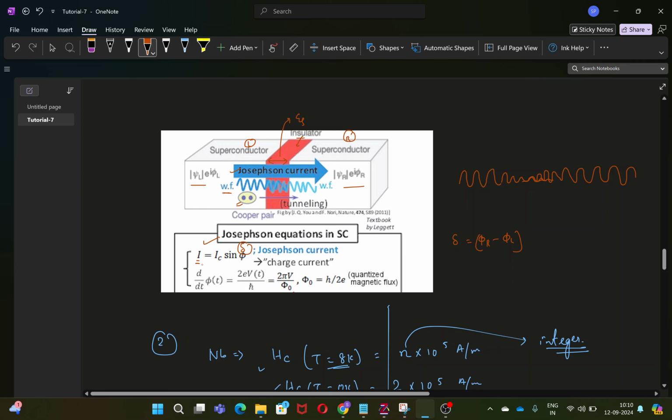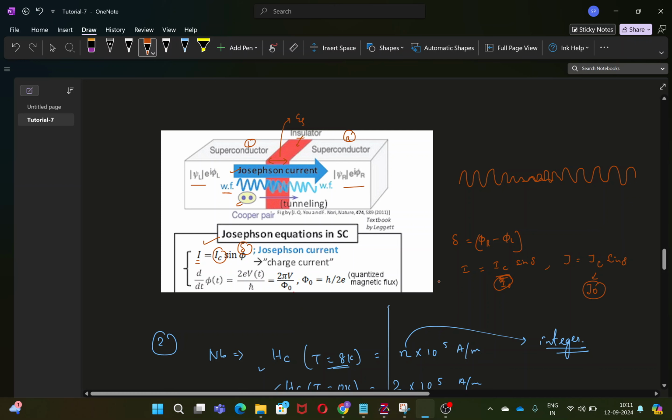And they have used, instead of current density, current. And the maximum critical current is represented not by J naught or I naught, but it is given by IC. So you can also write IC, or you can also write it as I naught, whatever you please. So this is sine delta, or in current density terms you can write J equal to JC sine delta. This JC you can also represent by J naught.